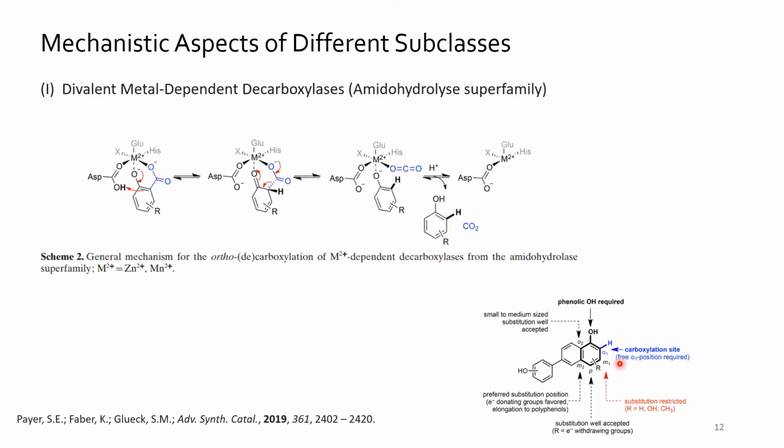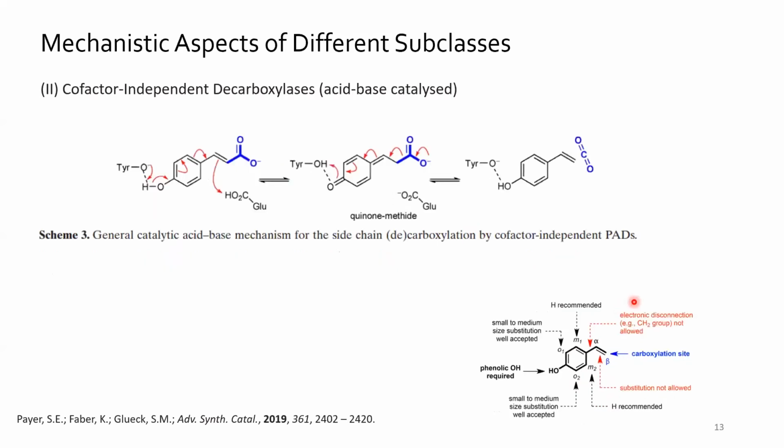And in general, you have some requirements regarding the substrate for this mechanism. So you need a phenolic OH, you need, of course, a carboxylation site in ortho position. Regarding the meta position, you're rather restricted. And for para, you have some possibilities of substitutions. Another class I showed before is the cofactor-independent decarboxylases, which are acid-base catalyzed.